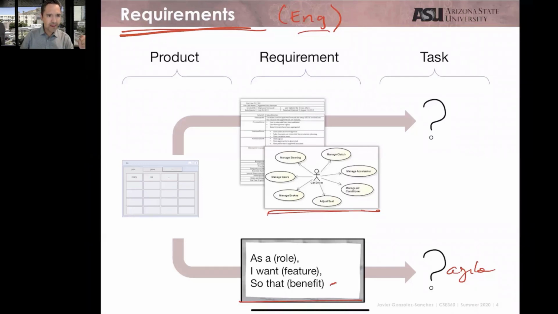Now, the diagrams. Usually, UML diagrams are connected with this more long-term project and with this idea of documenting things, documenting everything. Usually these diagrams, the use cases, are connected with a small document that explains the diagram.